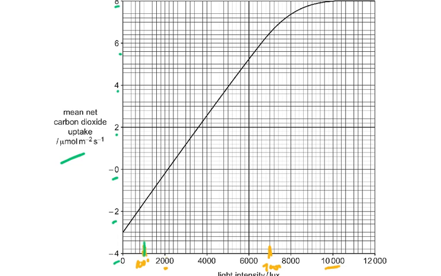I would like you to draw a line on the graph here, then on 2000 here, and then on 7000 here, which goes right up, maybe not very straight, and then 10,000 here. So you go straight up and you see where it hits the graph.